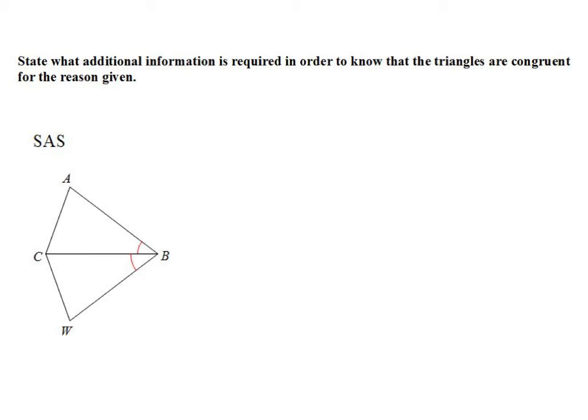For this example, we want to state what additional information is required in order to know that the triangles are congruent. And we are doing side, angle, side. So before I even start breaking down my information, I do know that this side that's being shared is reflexive, so that means it's congruent to itself. So it's true for the top triangle as well as the bottom. So I have one side.